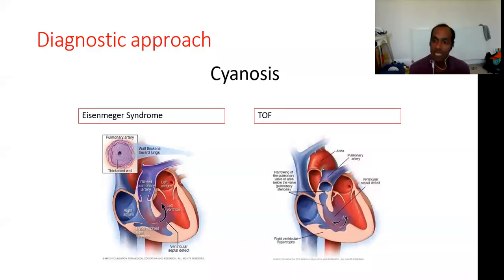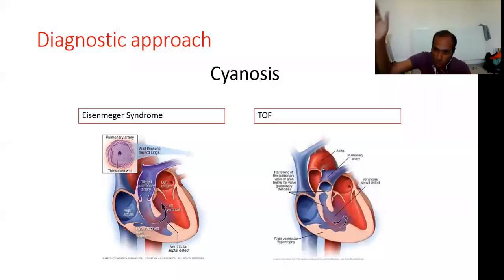In adult medicine, cyanosis in the cardiovascular examination due to cardiovascular causes is due to one of 2 conditions. Eisenmenger syndrome or tetralogy of Fallot. Eisenmenger syndrome. What is Eisenmenger syndrome? It is basically reverse shunting through a congenital heart defect.